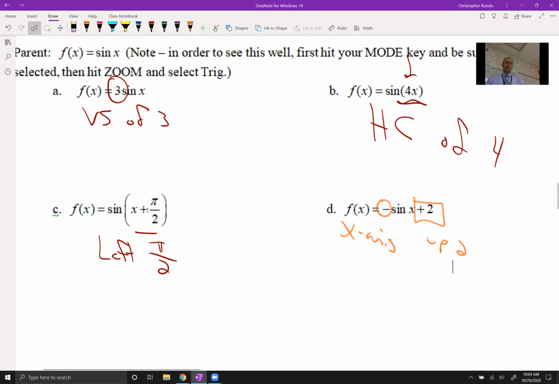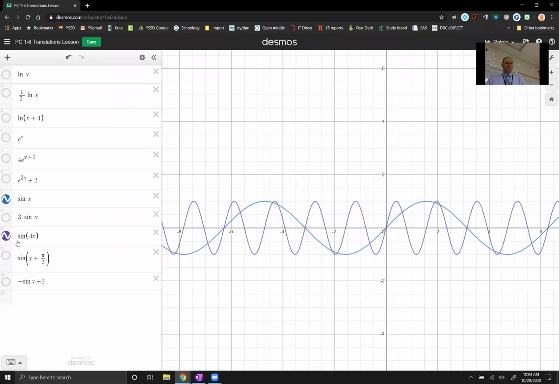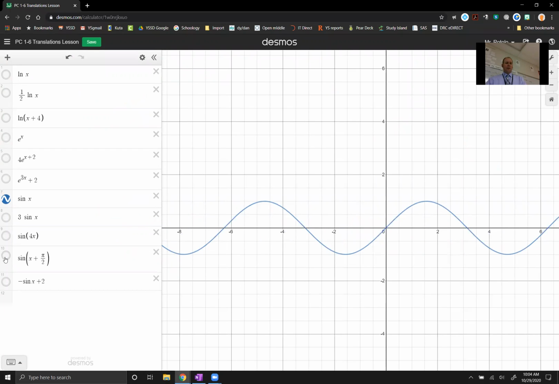So the first one is just that plus pi over 2. So let's get rid of multiplying by 4. That means everything went to the left. If I use the origin as my vertex point, that means this point moved to the left. Okay, I'll buy it.